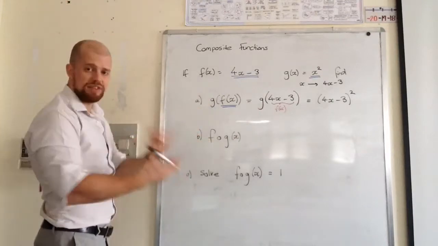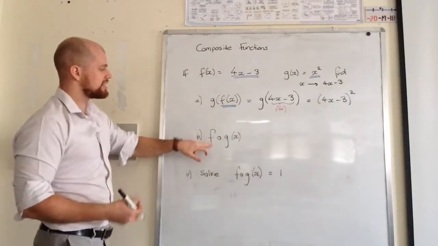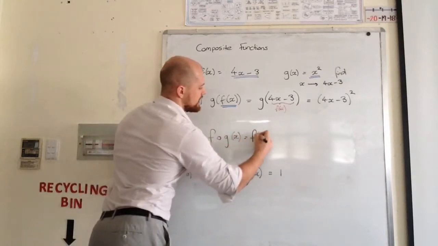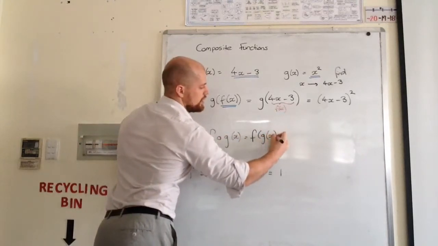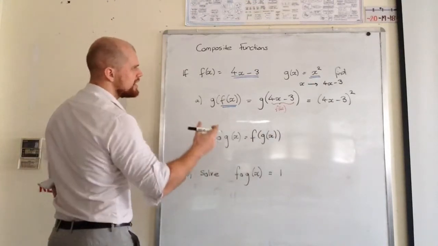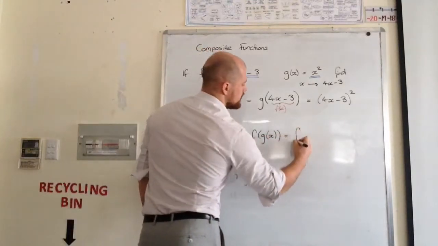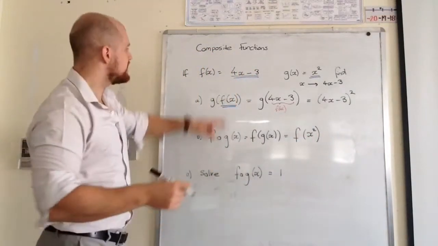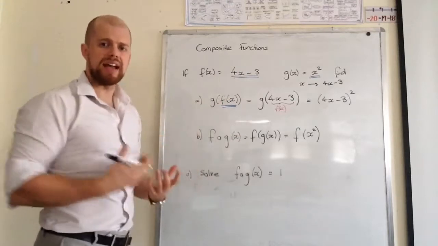Now, different notation for the second one, but actually it means the same thing. F composed of g, which actually means this. It's the same thing, just different notation. So I'm going to take my g, which is x squared, and apply it to f. Anything that was an x has now become an x squared.